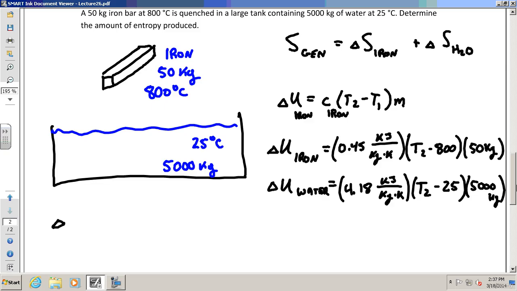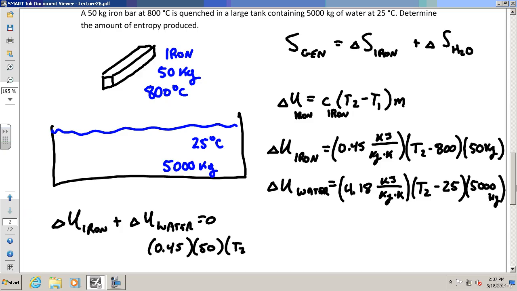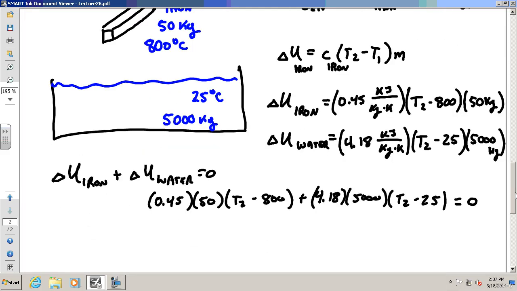So what you're really saying is change in U iron plus change in U water equals 0. I'm going to drop the units just to make the math quicker: 45 times 50 for the mass, times T2 minus 800, plus 4.18 times 5,000 for the mass, times T2 minus 25, equals 0.